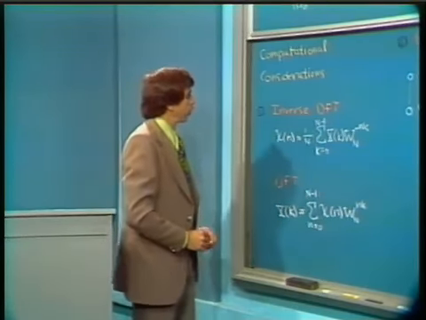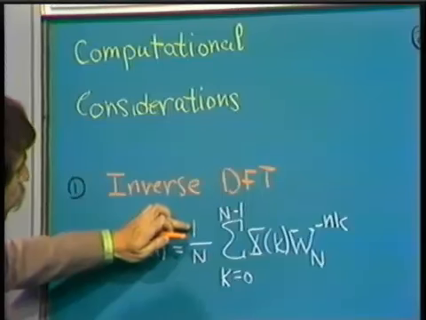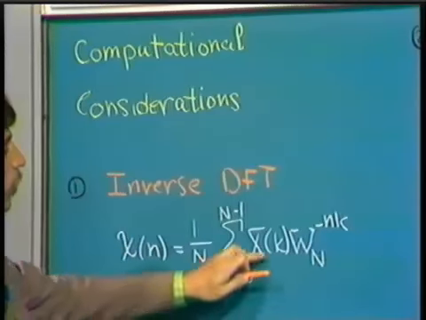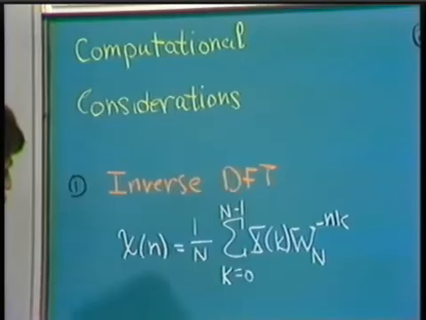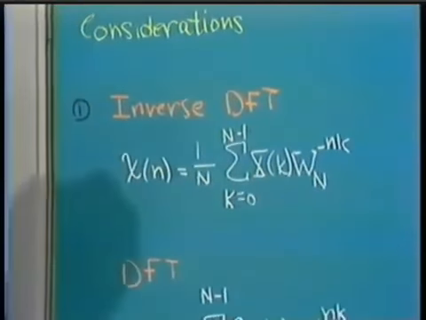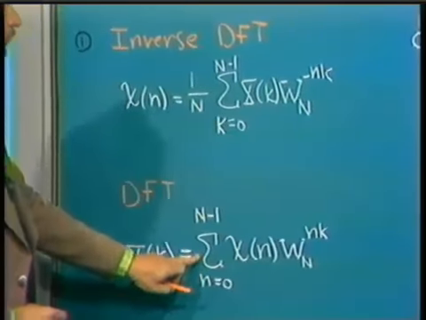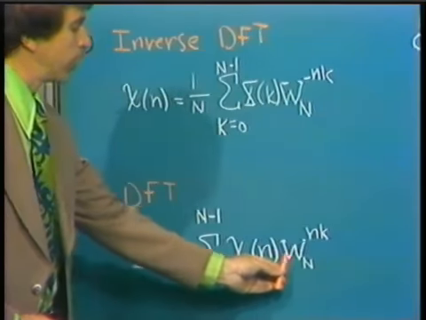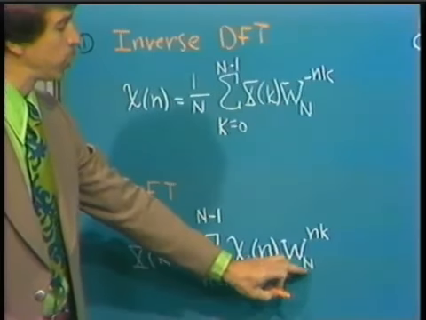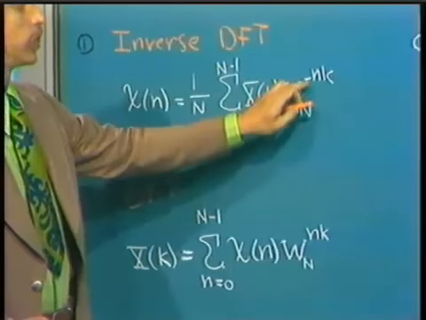In particular, we know that the inverse discrete Fourier transform relationship is given by 1 over n times the sum of x of k w sub n to the minus nk, in contrast to the discrete Fourier transform, that is the forward transform, which does not have the factor of 1 over n and involves multiplication by w sub n to the plus nk rather than w sub n to the minus nk.